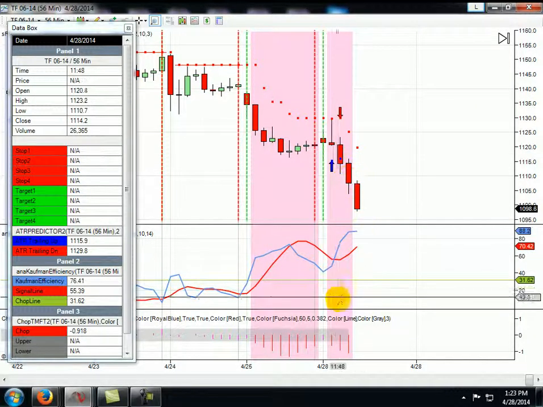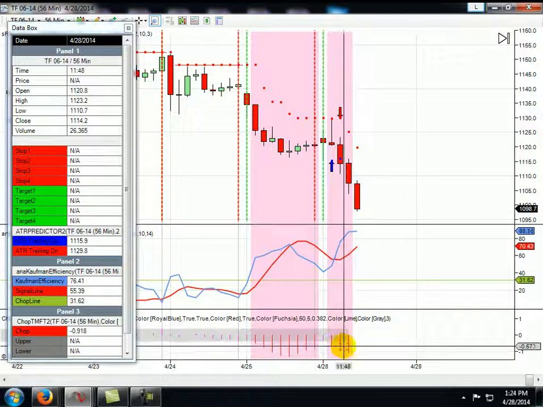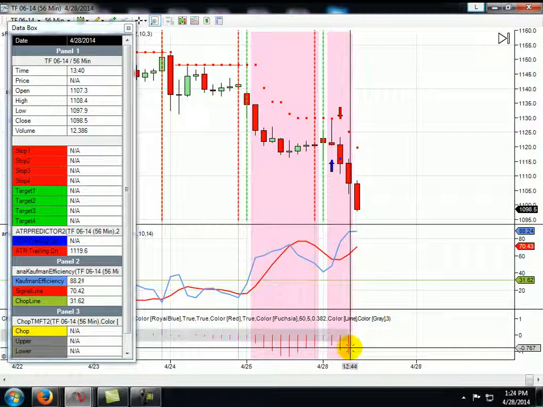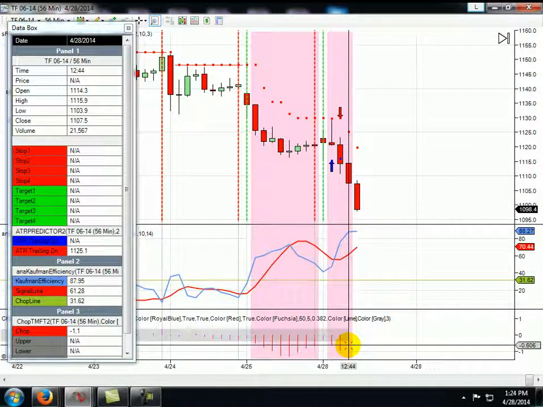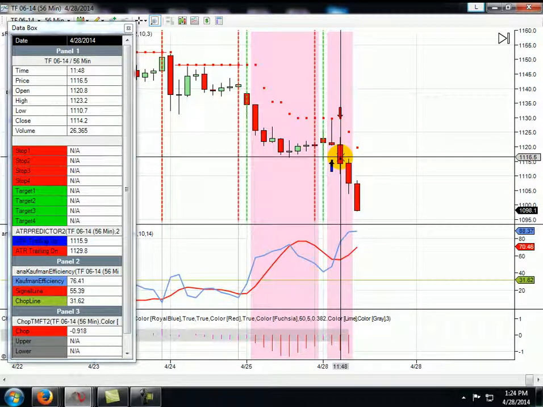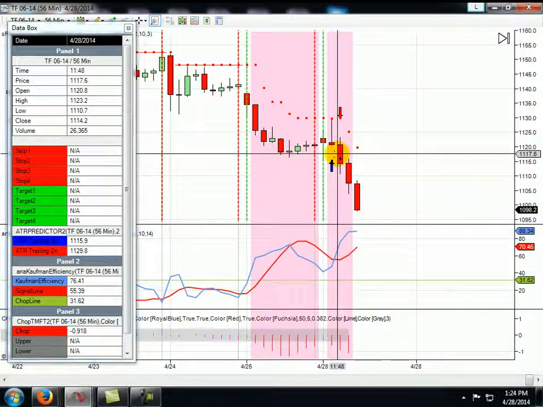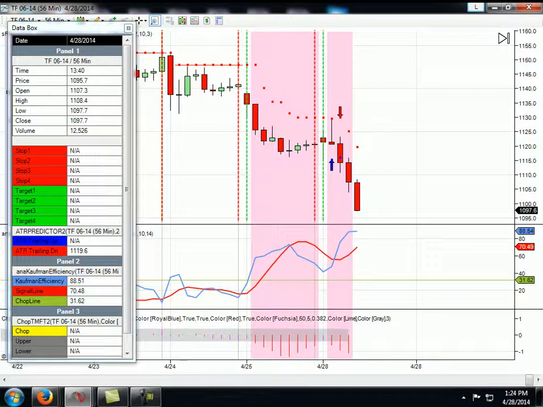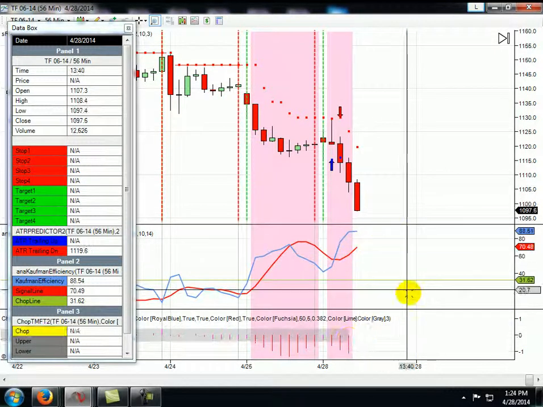And our entry and exit rules are that as soon as the chop meter decreases here, then we get out on the next bar. So now that we have our entry here at 1120.8, the chop hasn't decreased here in the last 2 bars.